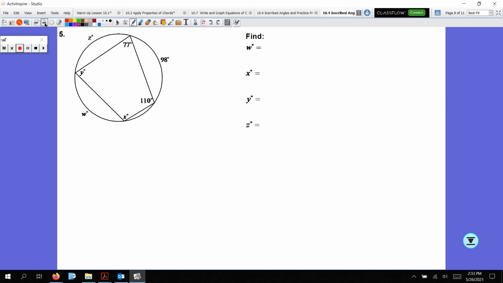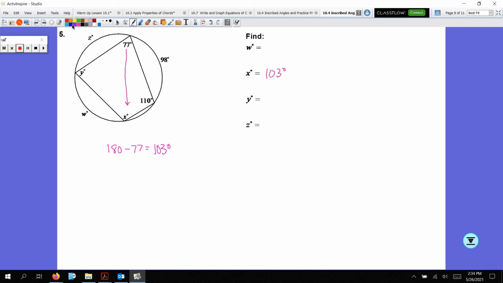But remember, an inscribed quadrilateral has diagonal angles that are supplementary. So I can solve for x and y pretty easy because I know together they equal 180. So 180 minus 77 is going to give us x, which is 103 degrees.